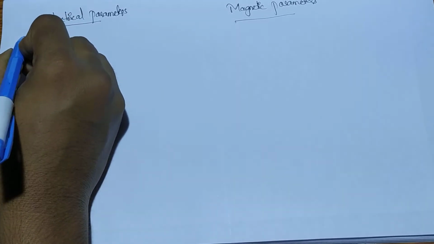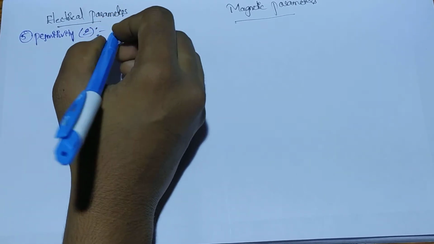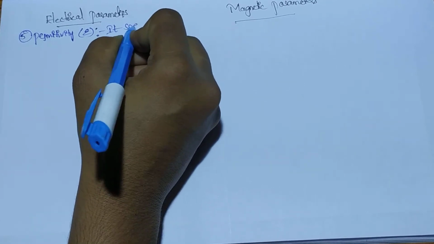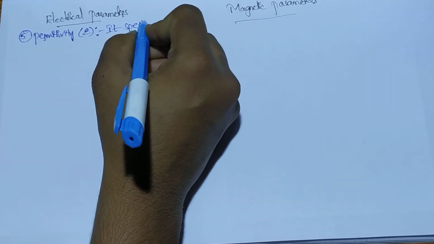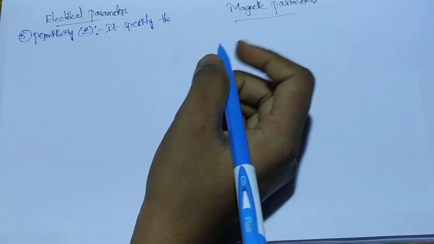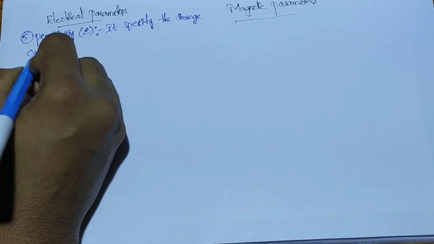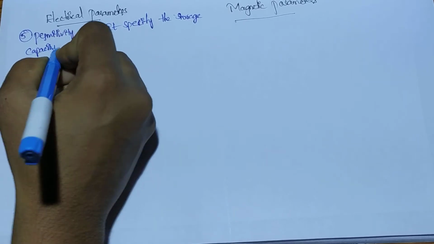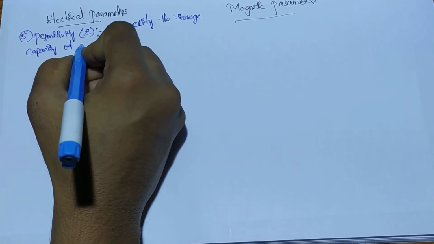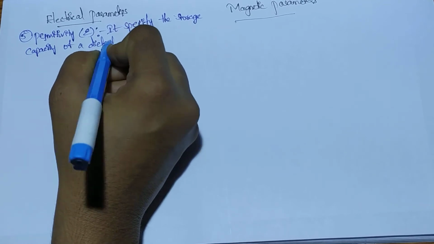The next electrical parameter, the fifth one, is permittivity. It is denoted by the letter epsilon, and it specifies the storage capacity of a dielectric material.